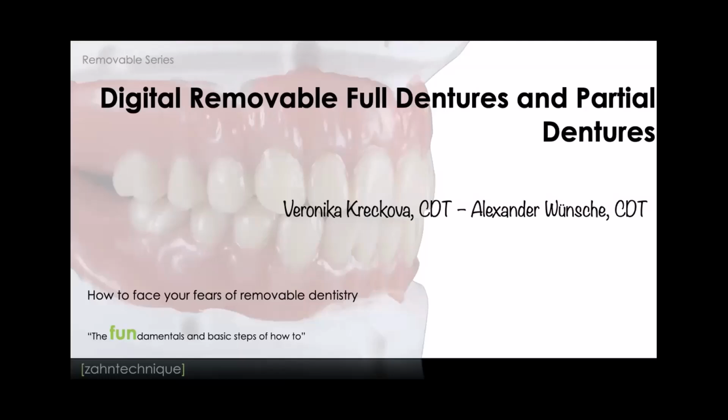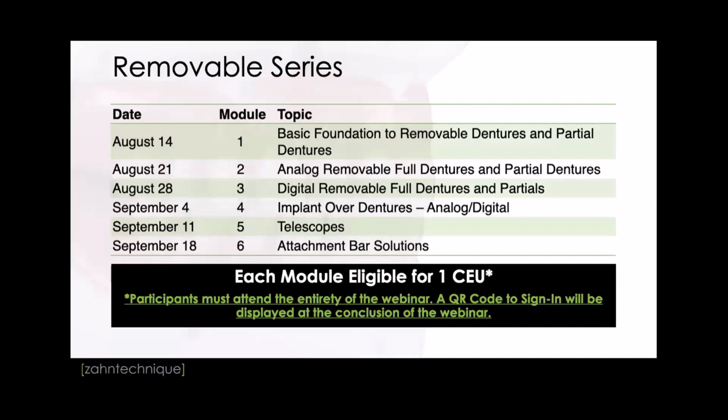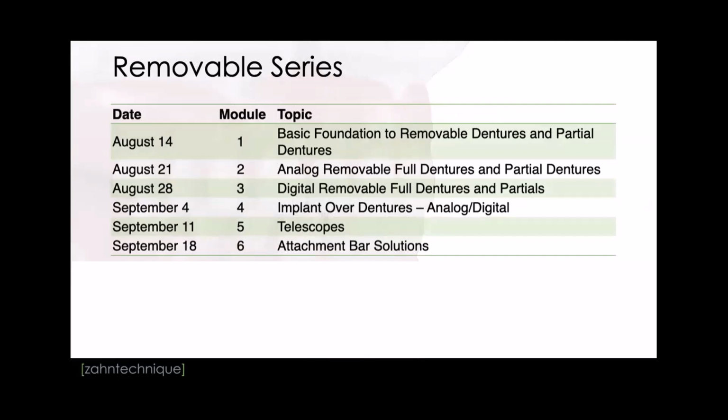We are right in the middle, August 28th, digital removable. We still have three meetings left, September 4, 11, and 18, about overdentures, telescopes, and attachment bar solutions, so something more complex.